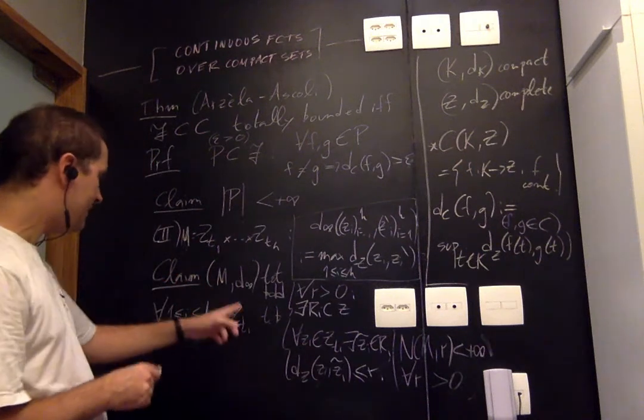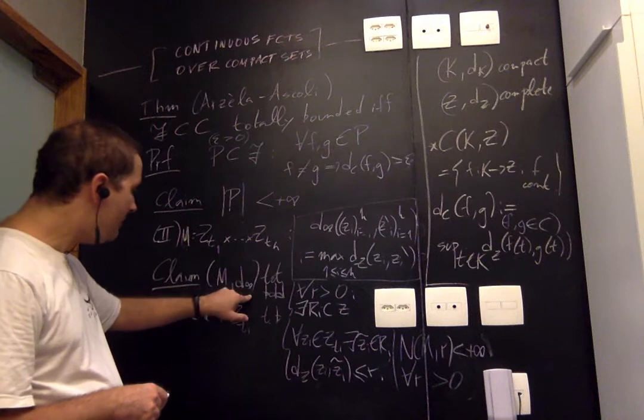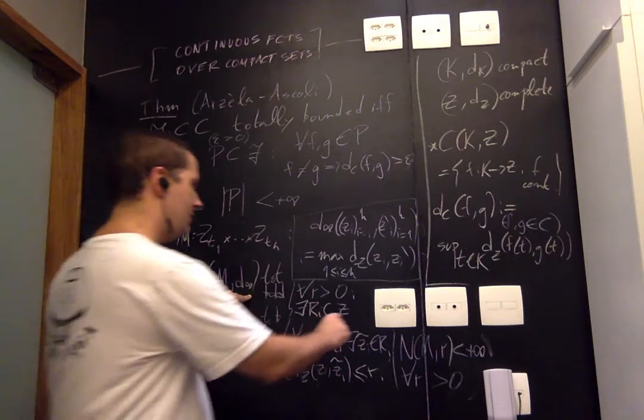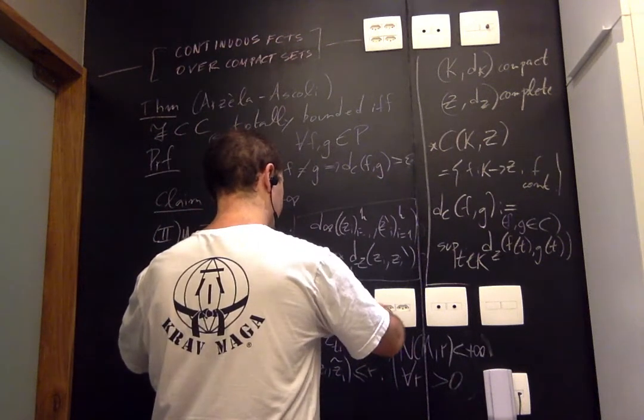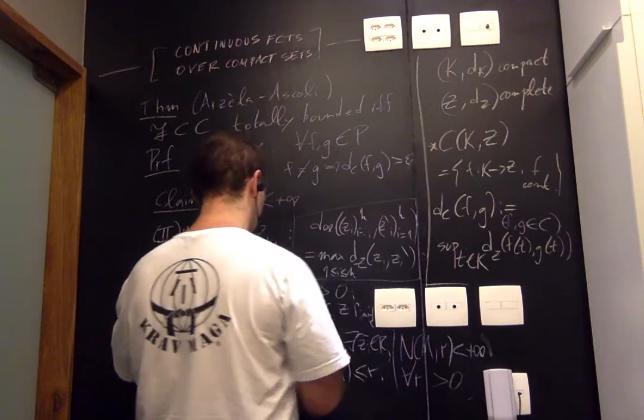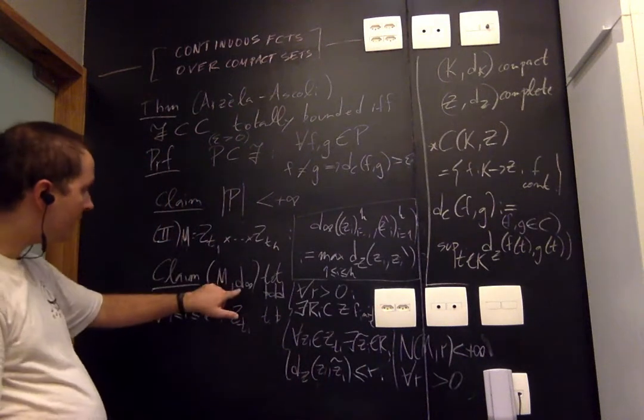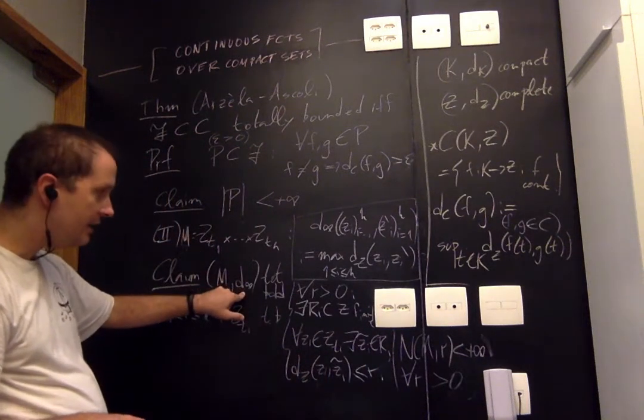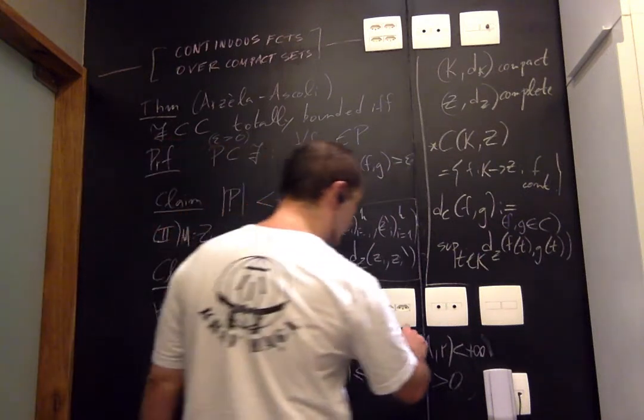But this is my assumption. I want to argue that M is totally bounded. And the important thing is that this is finite. So how do I do that? I need to find an R net for this guy, right? That's what I want, a finite R net.